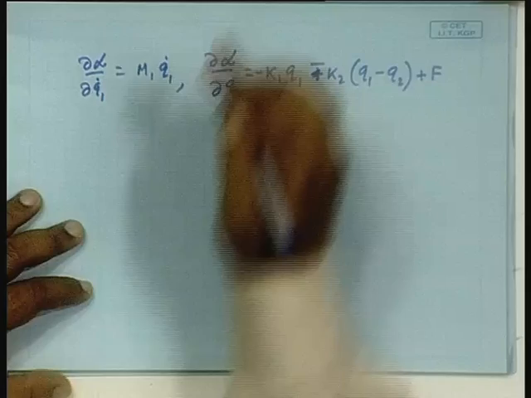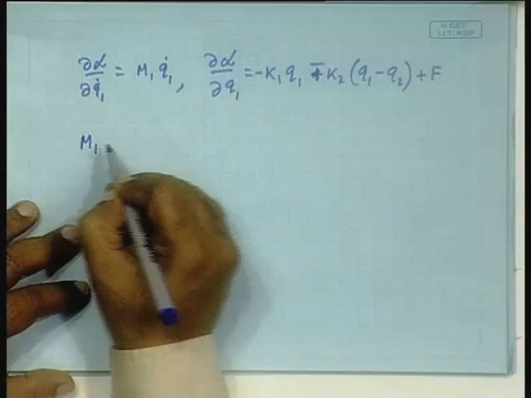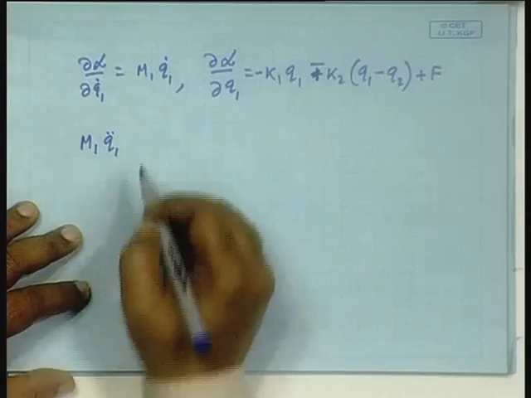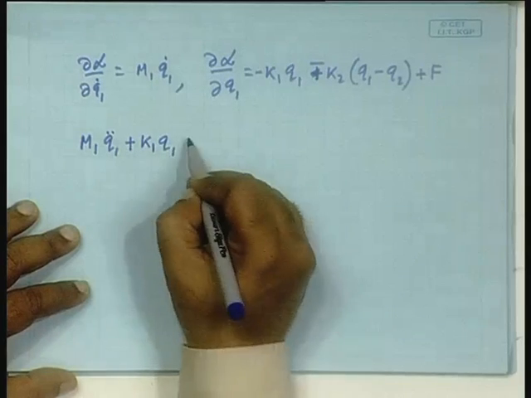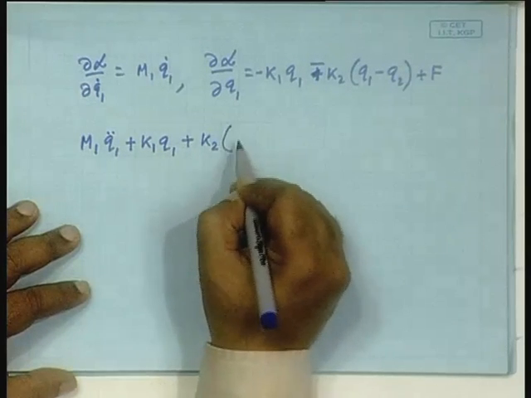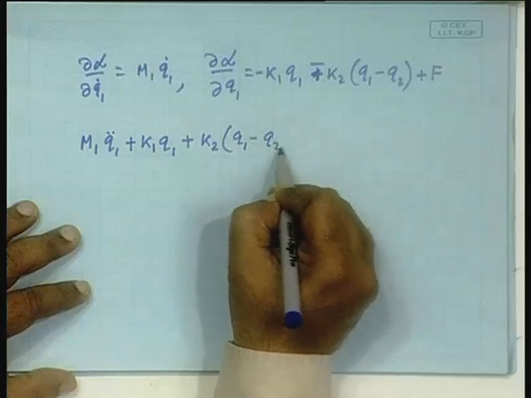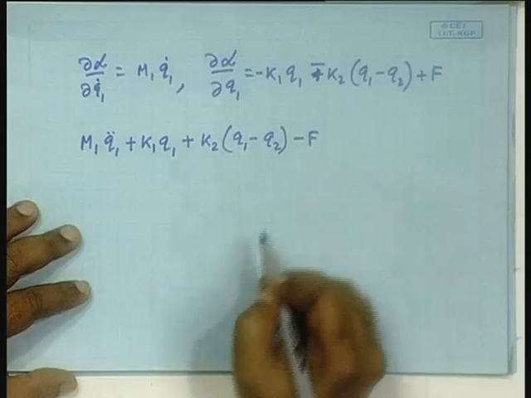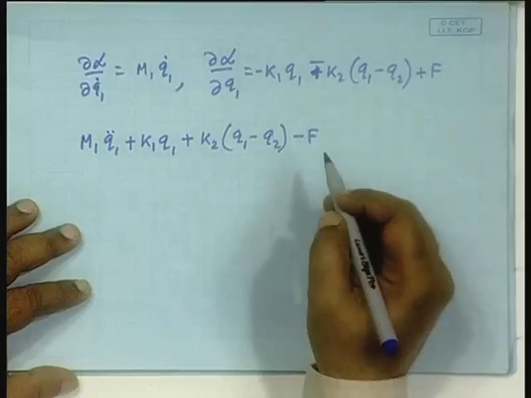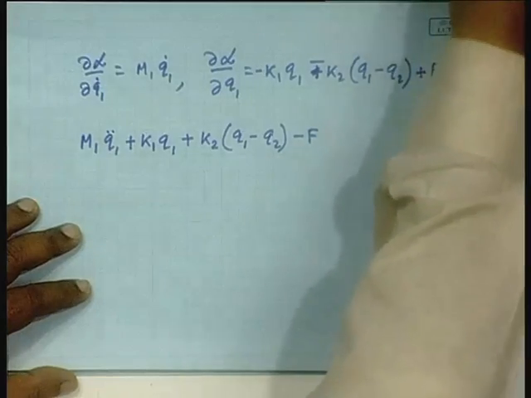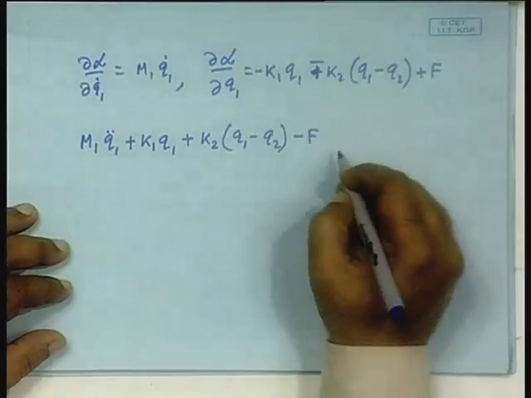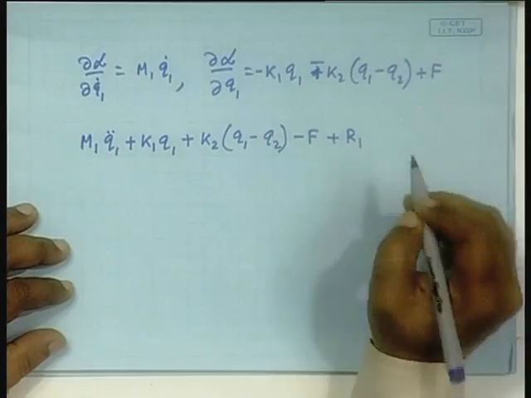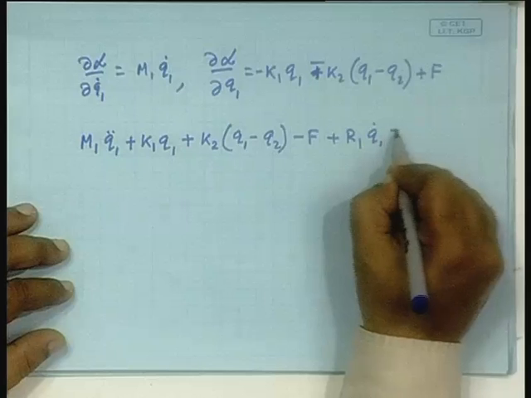So, my final expression becomes m1 q1 double dot plus k1 q1 plus k2 (q1 minus q2) minus f, right. Then I have to include this term plus r1 q1 dot equal to 0.